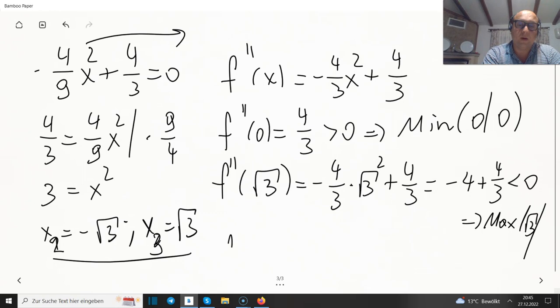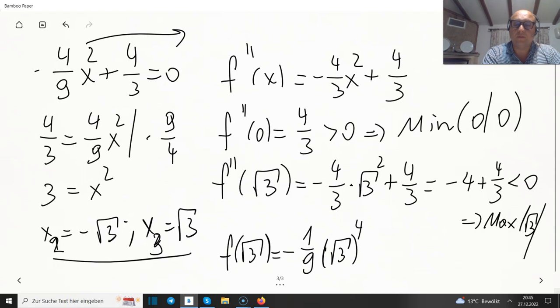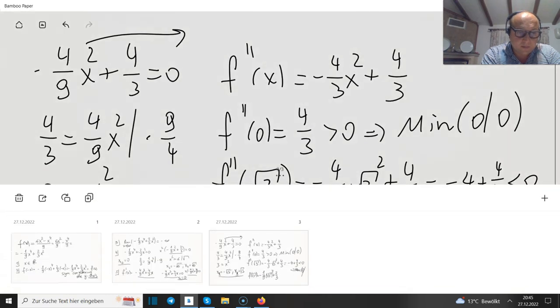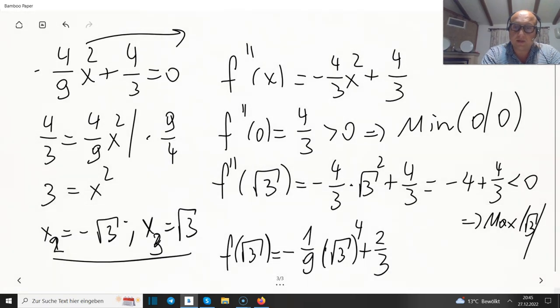And let's figure out the y value. So what is f of square root of 3? This was, if you remember, minus 1 divided by 9 times square root of 3 to the power of 4 plus 2 thirds x squared, which is square root of 3 squared.